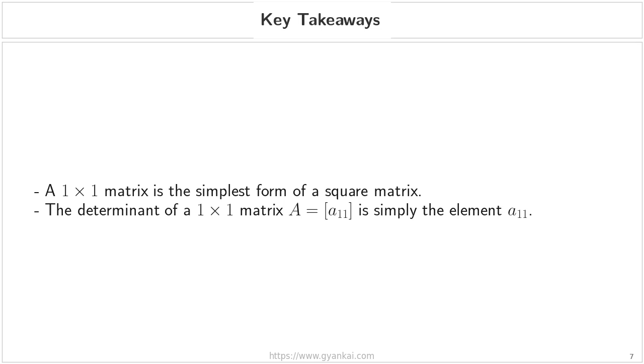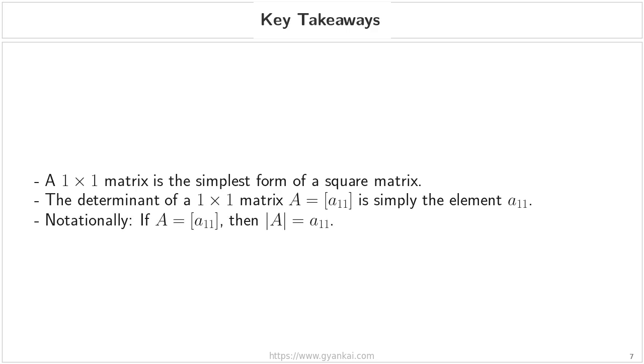The determinant of a 1x1 matrix, where A equals the element A sub 1,1, is simply that single element, A sub 1,1, itself. Finally, keep an eye on your notation to avoid the common mistakes we discussed. If you have a matrix A equal to the element A sub 1,1, you would write its determinant as the absolute value of A, which equals A sub 1,1.